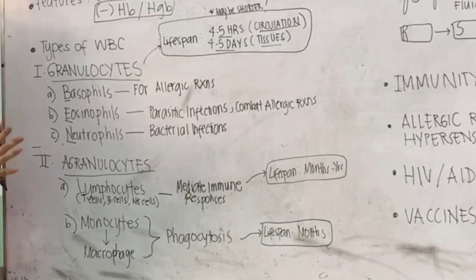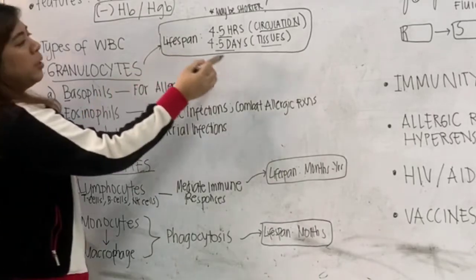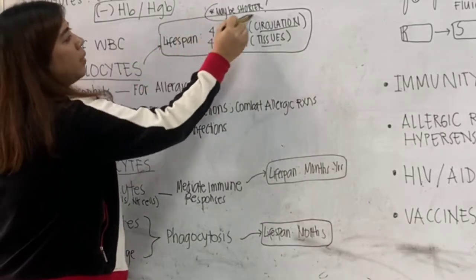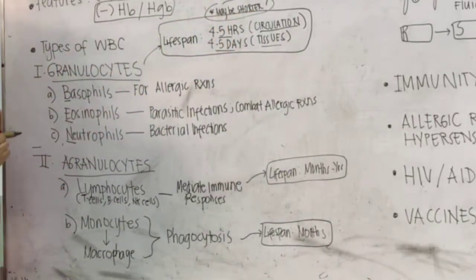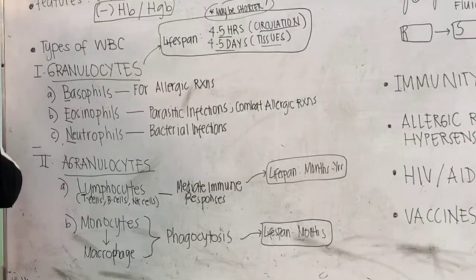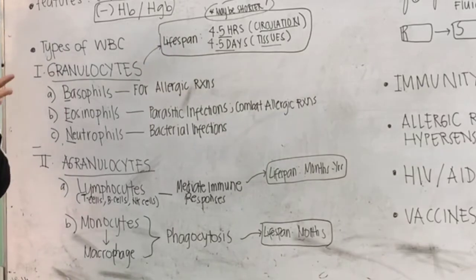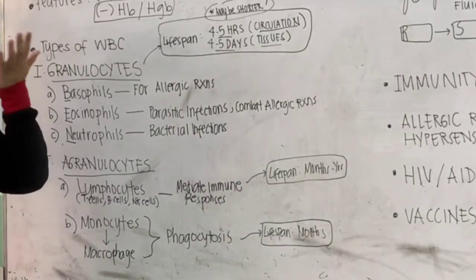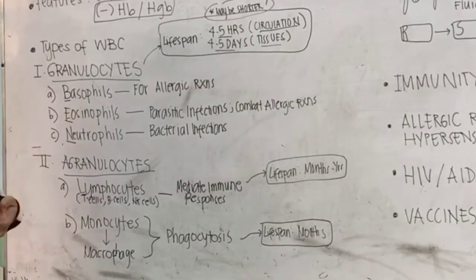But in cases of extreme inflammation or infection, the lifespan of your white blood cells may be shorter. Like a soldier you send to war, the shorter their lifespan. It is the same with your granulocytes. That's what happens to them since they are the line of defense of your body.